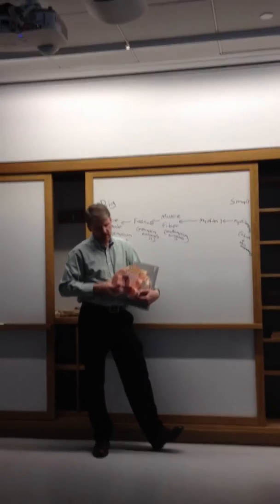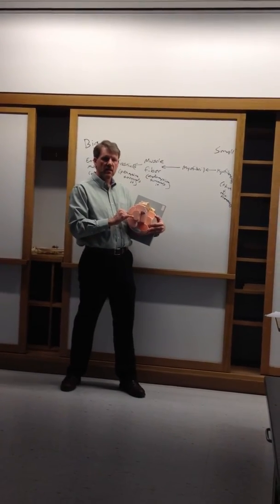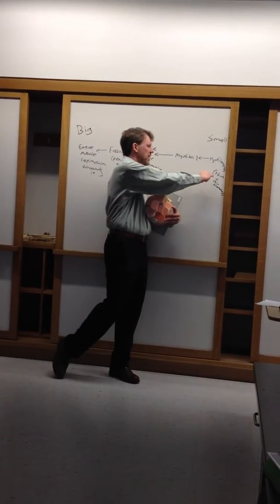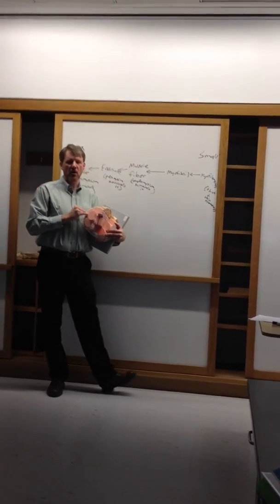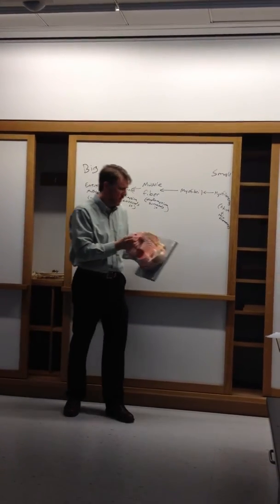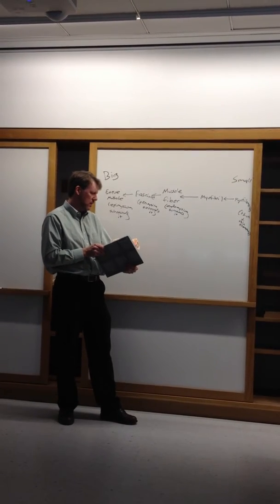It may be tough to see from where you're sitting, but some of these dots are fairly big and some are fairly small. The big dots represent the thick filaments. The smaller dots represent the thin filaments.